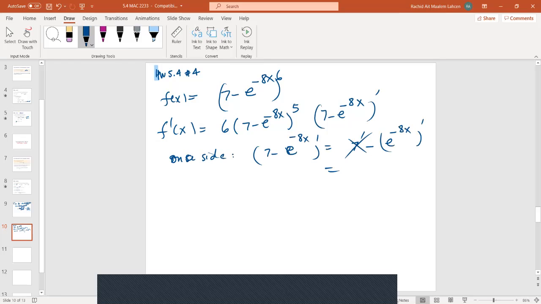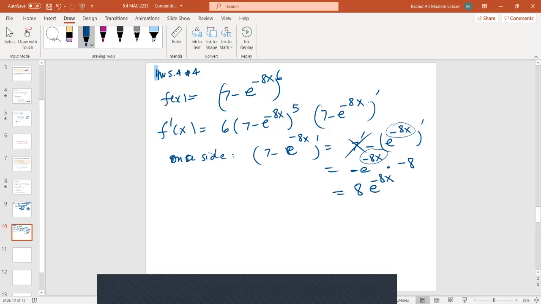It's going to be the derivative of 7, which is 0, minus the derivative of e to the negative 8x. Now you have a negative, and remember this f of x, it's going to be the same thing times the derivative of the exponent, which is negative 8. So negative and negative gives us positive.